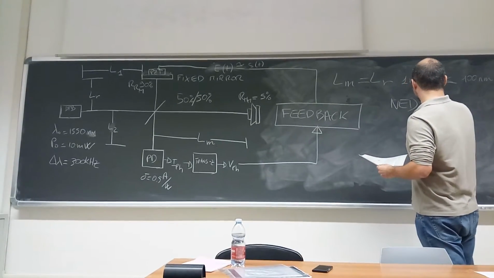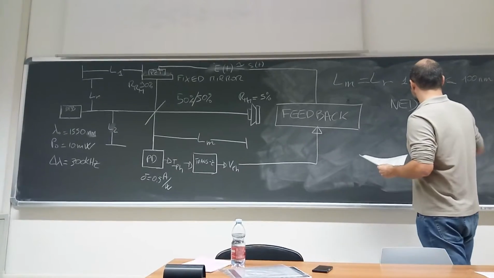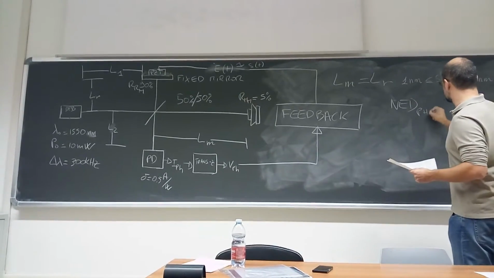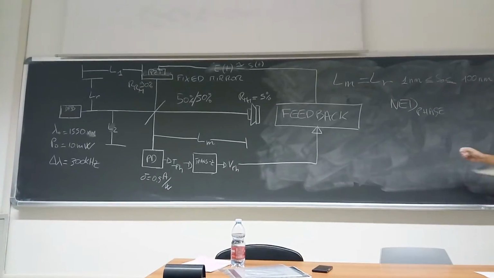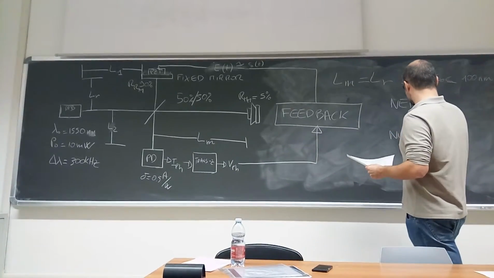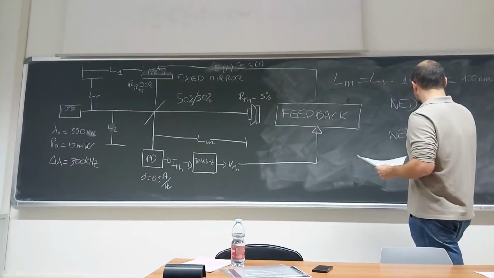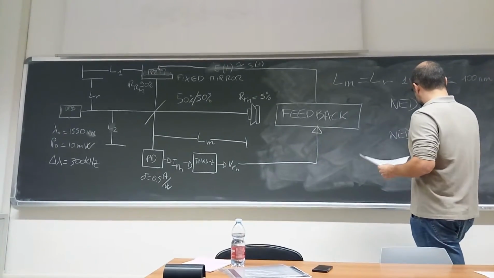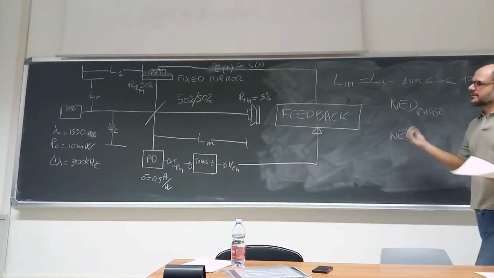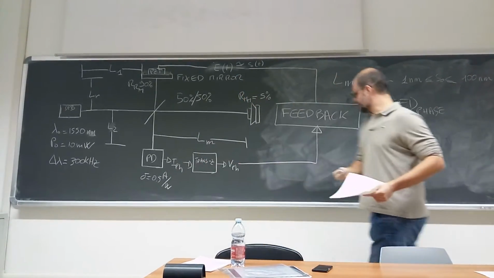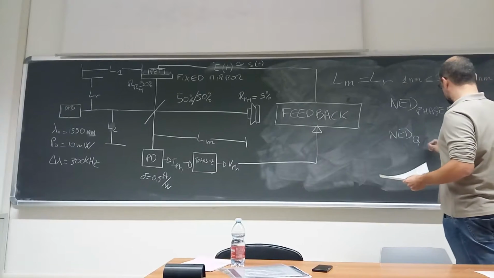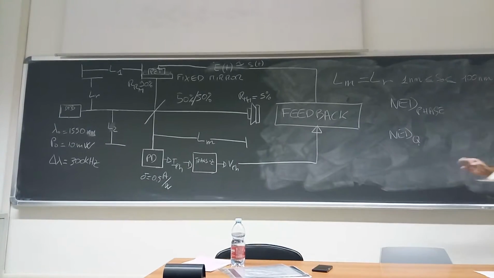You have one that is related to the phase, and you have one that is related to the quantum noise that is generated by the fact that you detect a photodetected current, okay. So let's call it NED Q, okay?